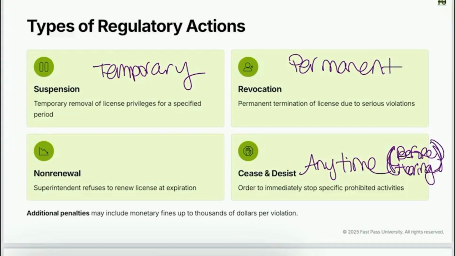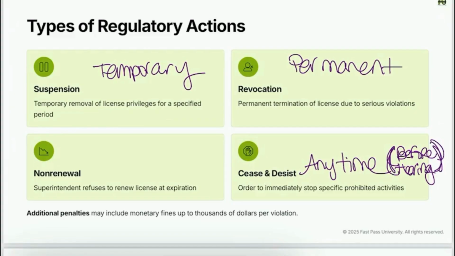So they could say cease and desist. We think something's going on. Sit tight, and then send out the notice of the hearing or things like that. Or at any other time, they can send out a cease and desist. They can send it out at any time, but generally it's going to be right at the suspicion or complaint that they've received and such.